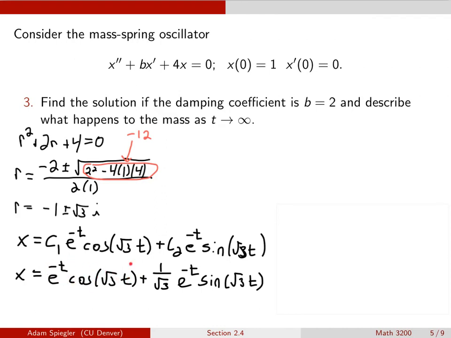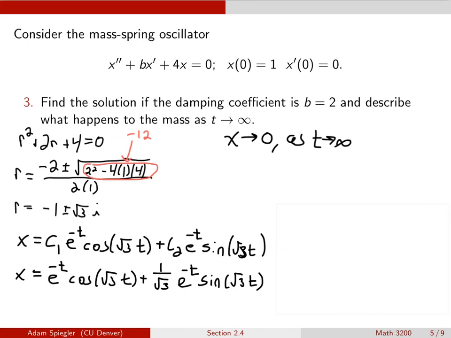So altogether, that term is going to go to 0. Same for this term, it's going to go to 0. So as t goes to infinity, these solutions are still going to go to 0, but in a slightly different fashion.